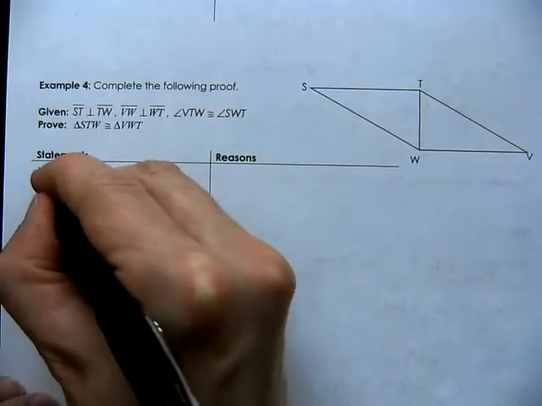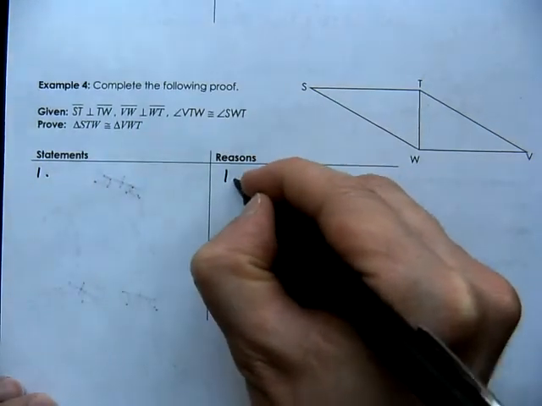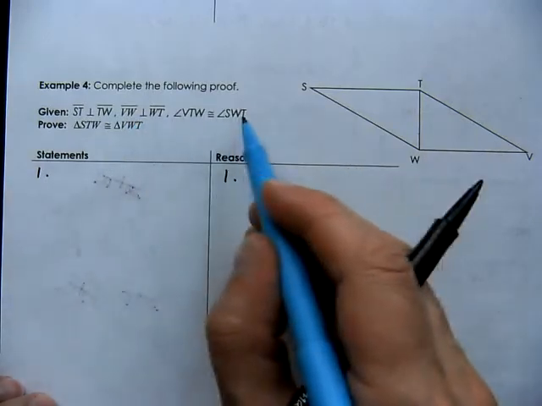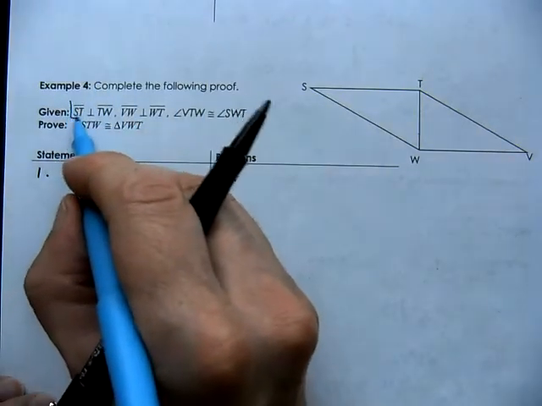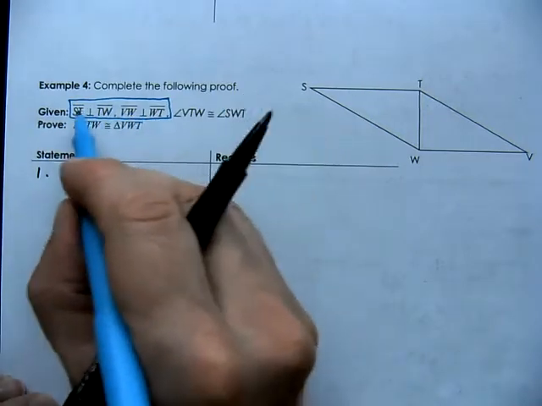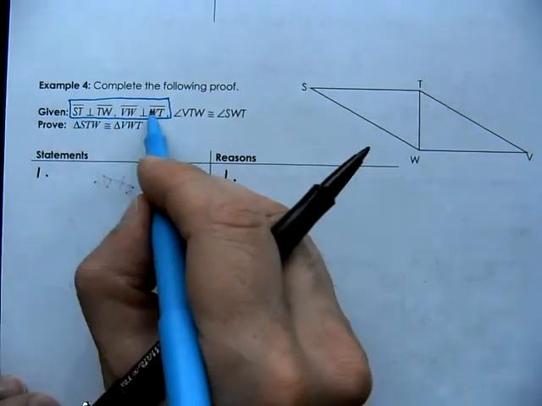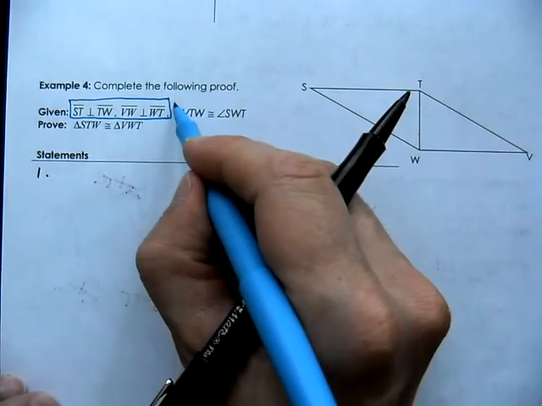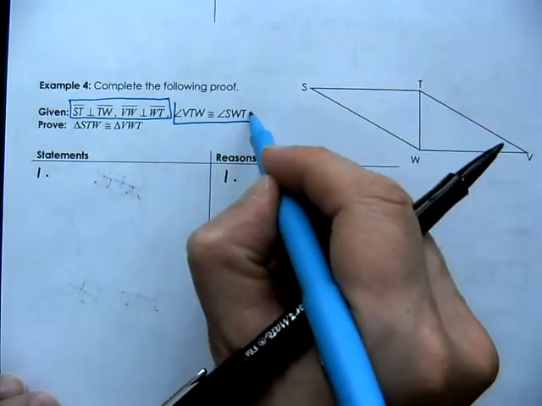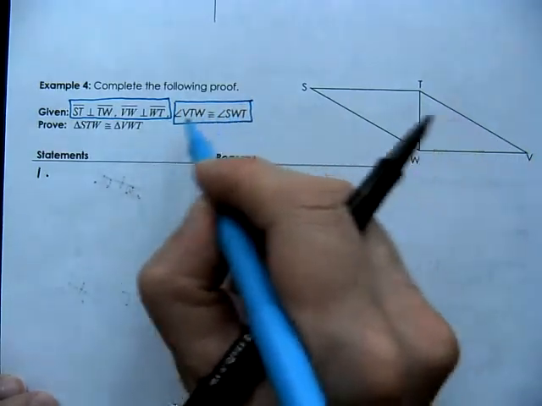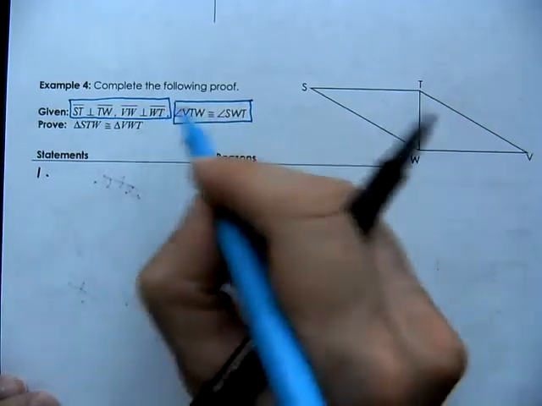So let's go ahead and get started. What I'm going to do is group these given pieces of information like this, because the first two are about perpendicular lines. I'm going to group those together and put those on one statement, and then I'm going to save these congruent parts for a different given statement, because they don't really go together.